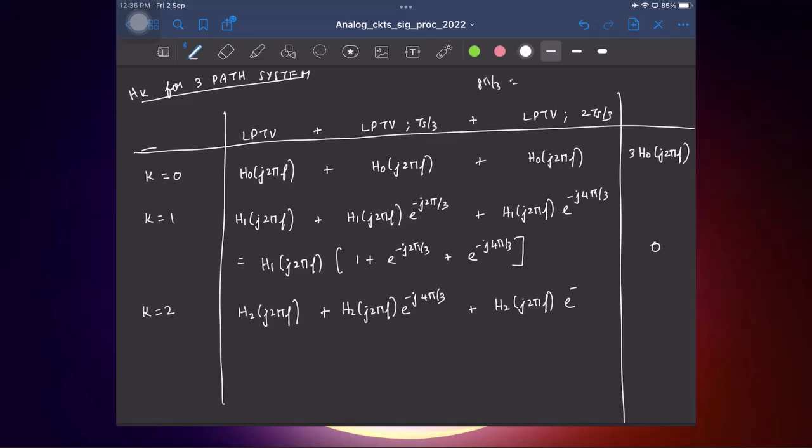It's 2 pi plus 2 pi by 3, so I'll write it as 2 pi by 3. So now even if you sum all these 3, that will also be 0.